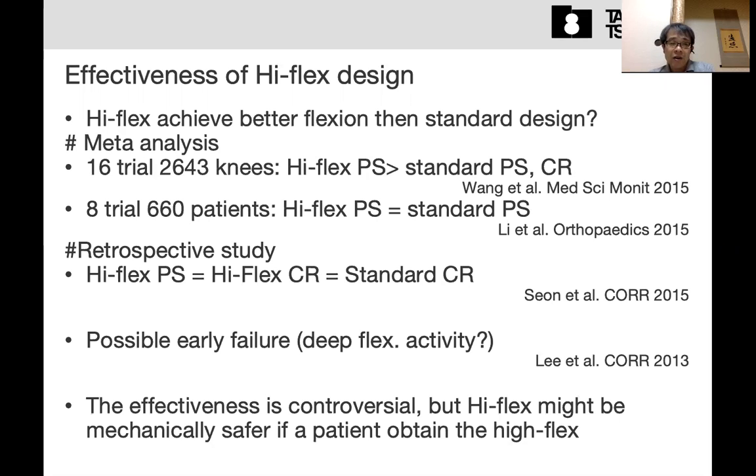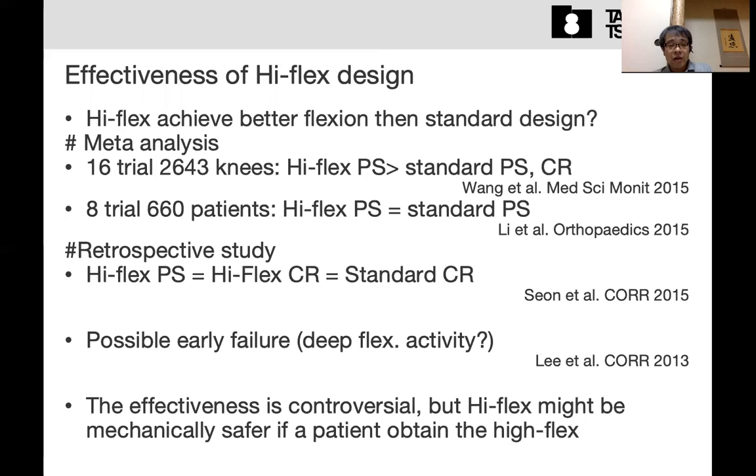So, in fact, we need to look more after. But it is very difficult, because some components can cause high friction and reduced posterior thickness compared to the standard design in the same bone cut. So we can select the high flex design or the standard design depending on the flexion gap.